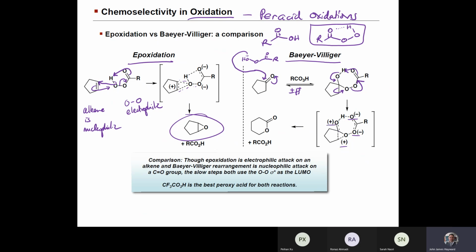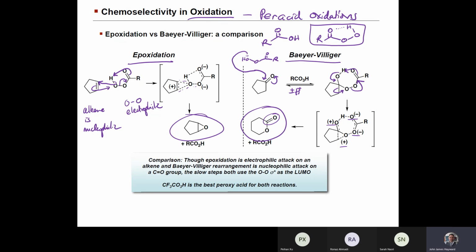These two oxygens, however, start to feel some positive charge building up because they're losing electron density as this goes on. Okay, but again, we have a broadly cyclic transition state, and we end up with an ester at the end. So the carbonyl is still there, but now it's part of a larger functional group, the ester. Okay.